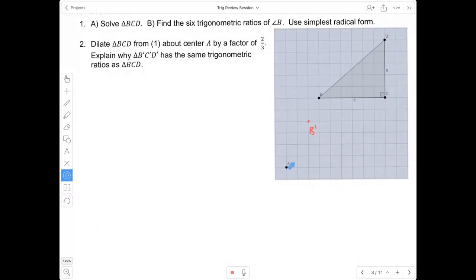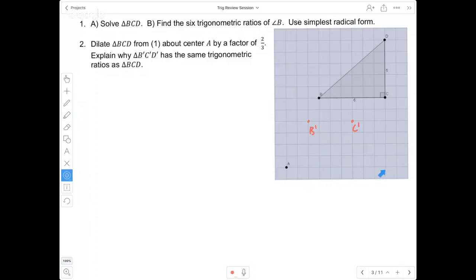For point C, currently to get to point C, I would go over 9 and up 6. I'm going to go 2/3 of that, which is over 6, up 4. C prime. Cool. And then I'm going to do the same thing.